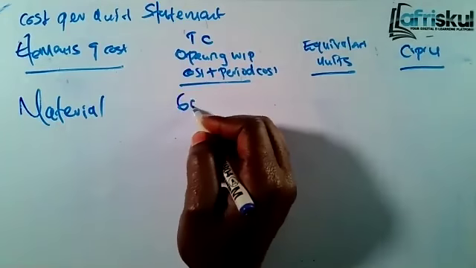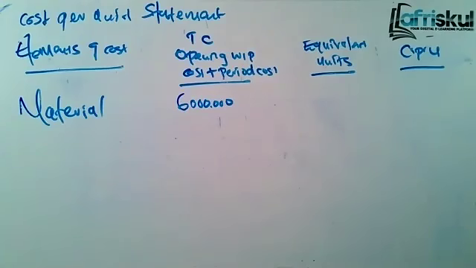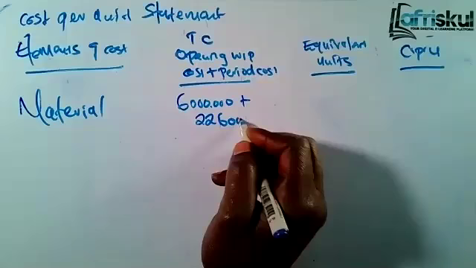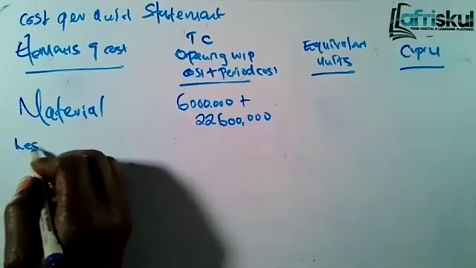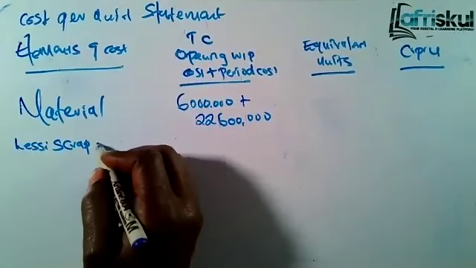So you take the 6 million and then add the current cost, which is 22,600,000. On material, you always less scrap value for normal loss.